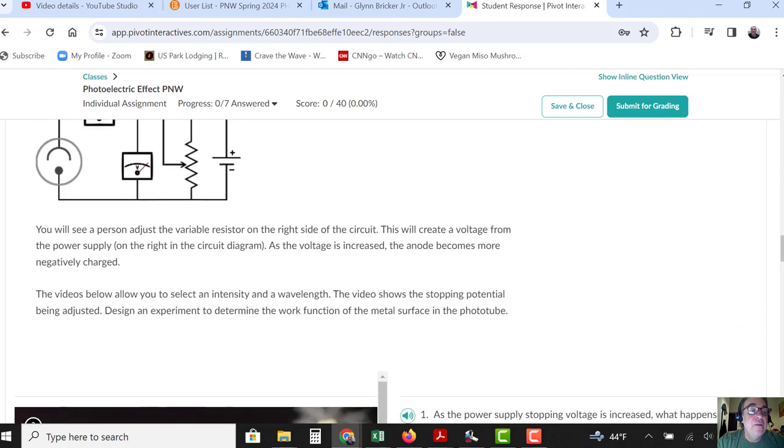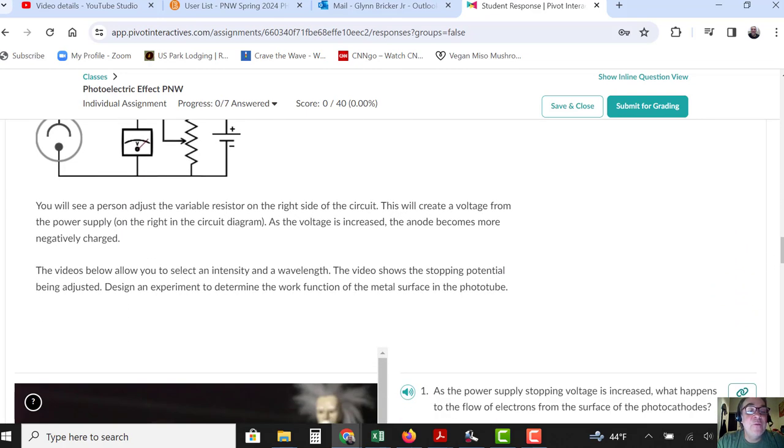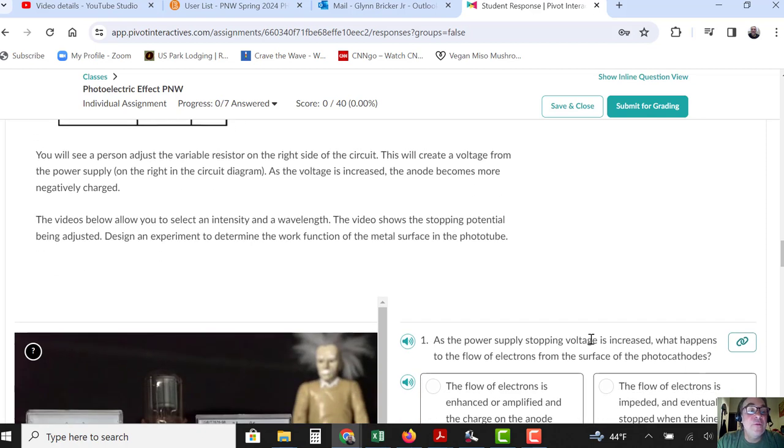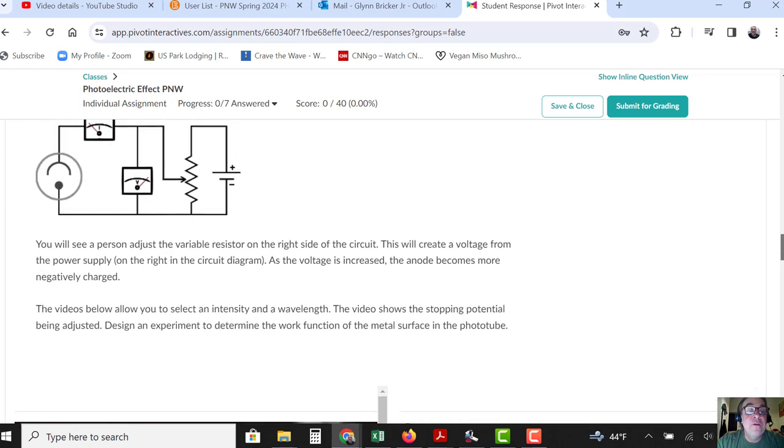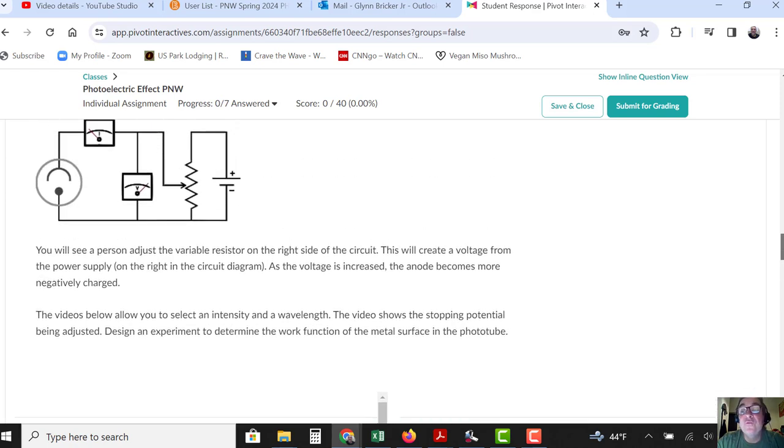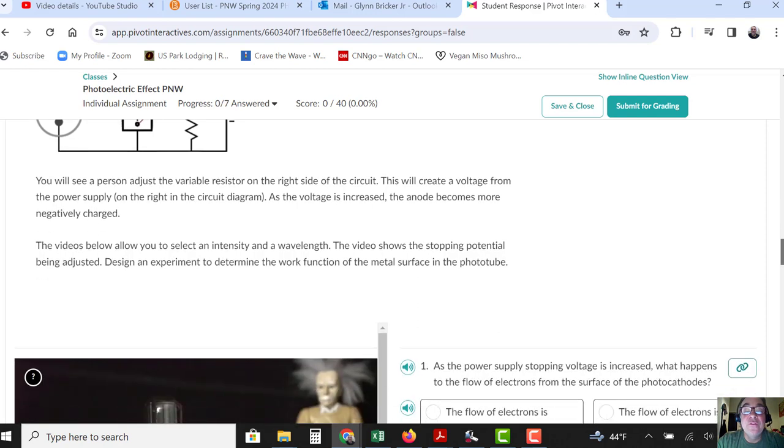Okay, good. So you'll see a person adjust the variable resistor on the right side of the circuit. This will create a voltage from the power source on the right side of the diagram. As the voltage increases, the anode becomes more negatively charged. So what you're doing then is keeping electrons from drifting across. And when there's no more current, that's when you've kept all of them from coming across.